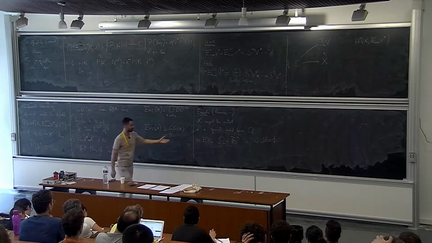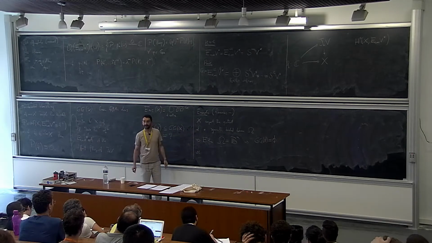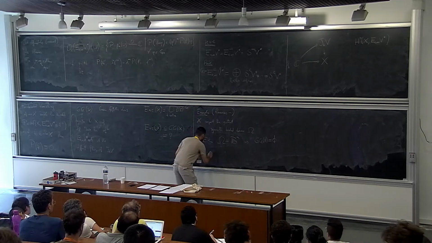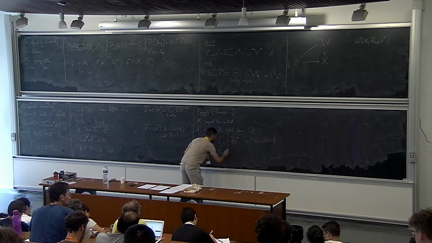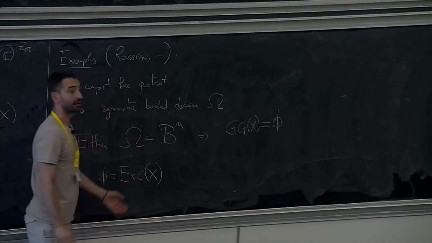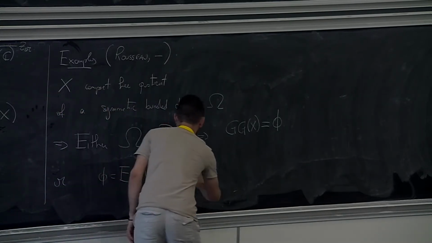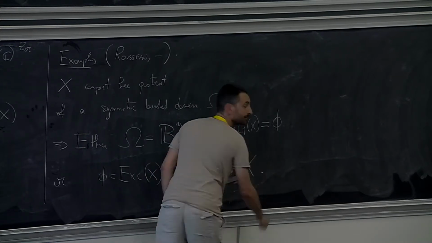Okay? Or you take any other symmetric bounded domain, and in this case, you have that the exceptional locus is empty because X is hyperbolic. And you have strict inclusion with the Green-Griffiths locus, which on the other hand is everything.